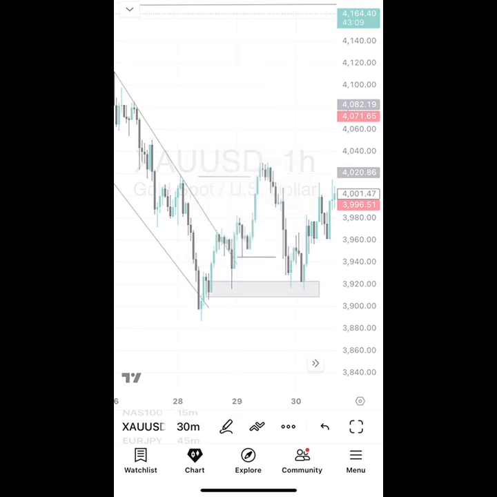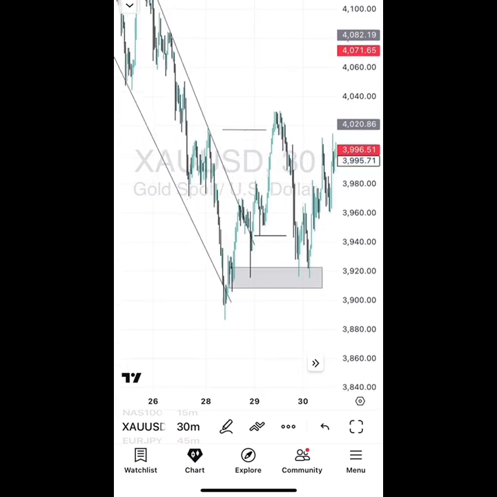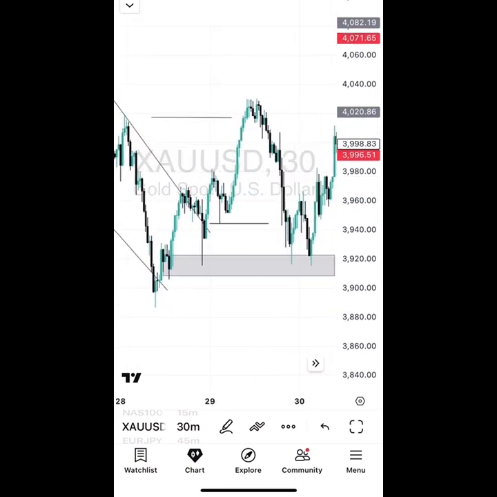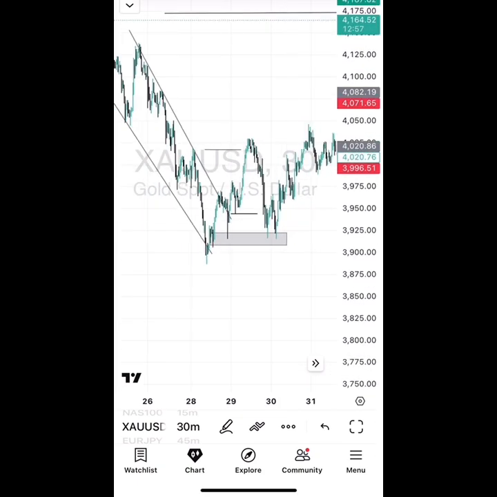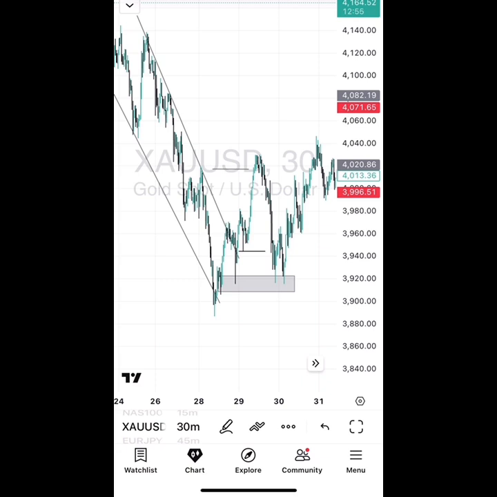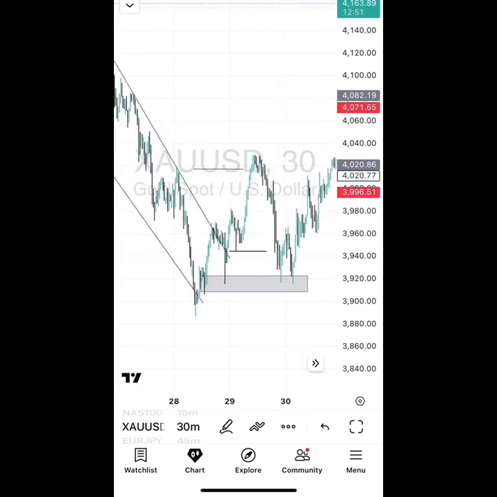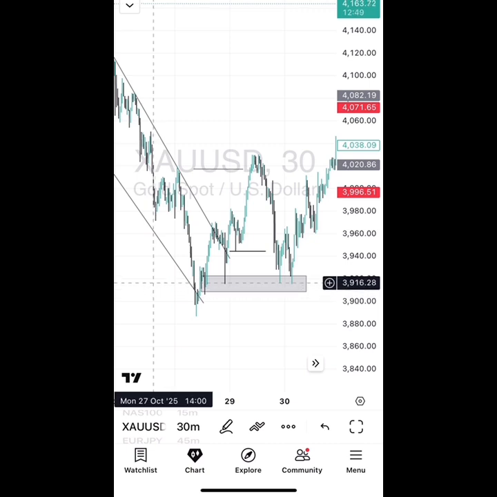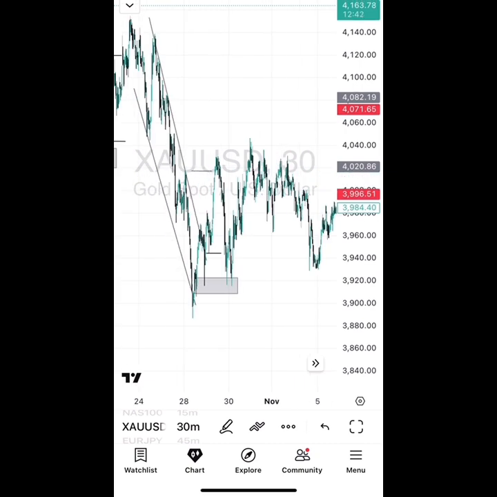If I go down to a lower time frame, you see that price actually tagged it, but it was the only available point of interest to go long. You understand? There was no other block to use except this one, and it was also mitigated. So this was the best one to use, and I actually went with it.